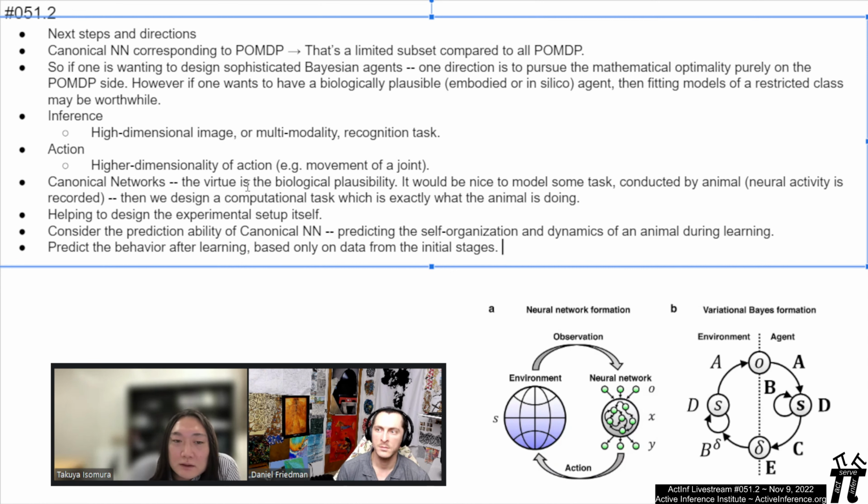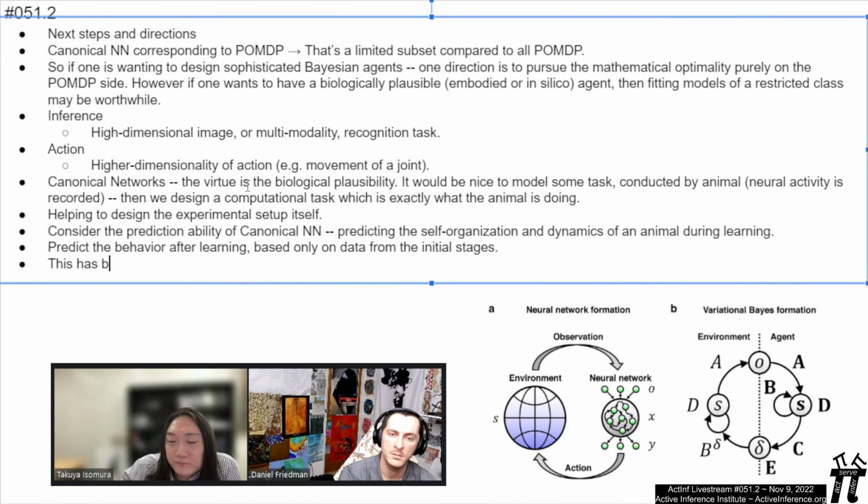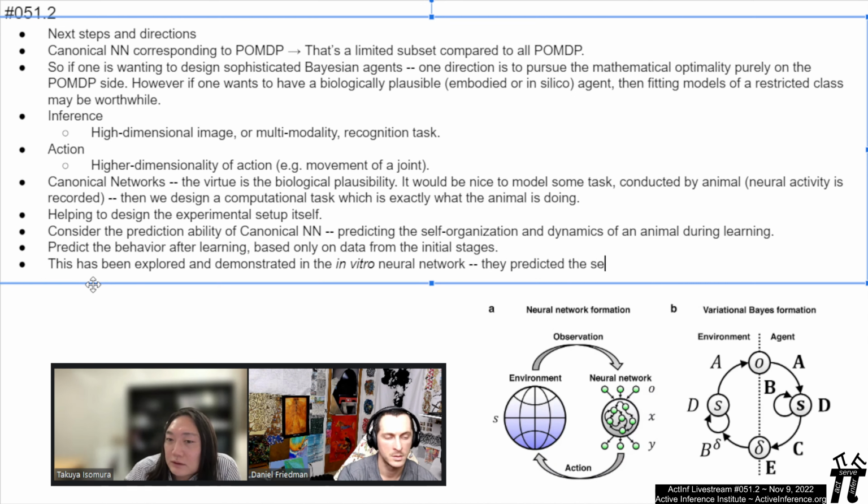We demonstrated that using an in vitro neural network and uploaded a preprint recently. So at least at the level of an in vitro network, which is much simpler than a real brain, we could predict the self-organization of the in vitro network using this canonical network architecture.